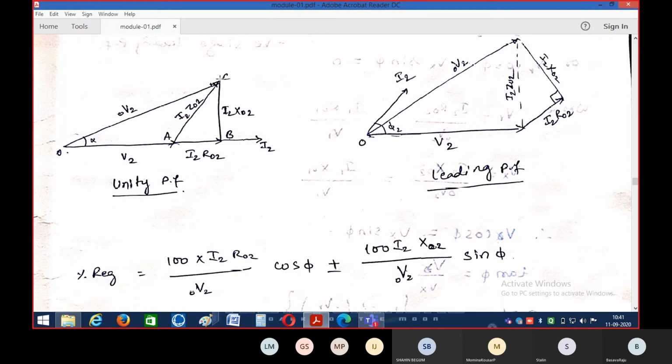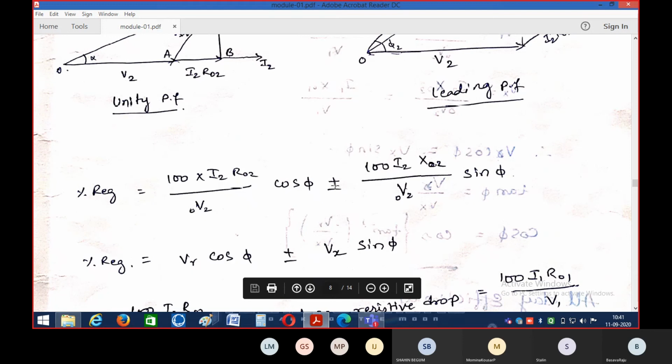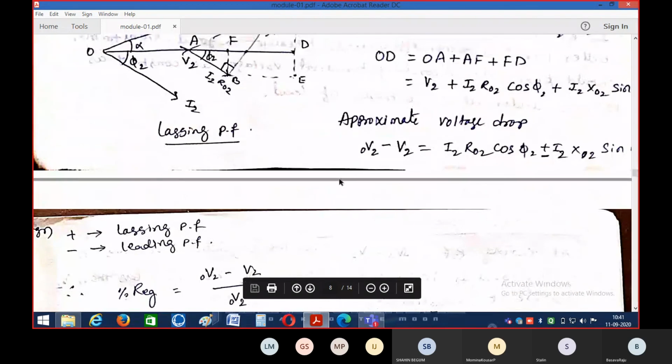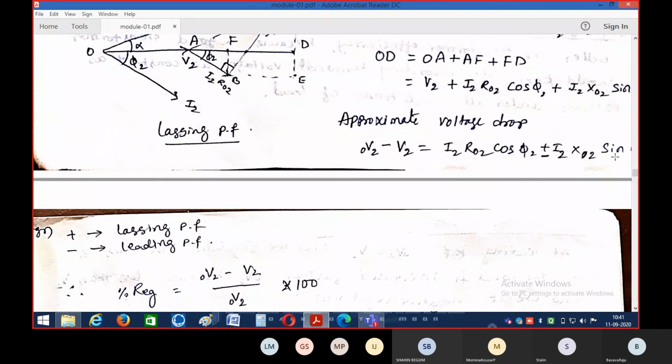If you add I2 R02 and I2 X02 vectorially, we will get the I2 Z02 drop, and V2 plus I2 Z02 vectorially added gives the resultant V20, which represents the no load value of voltage. So this is the generalized formula for all the power factors.